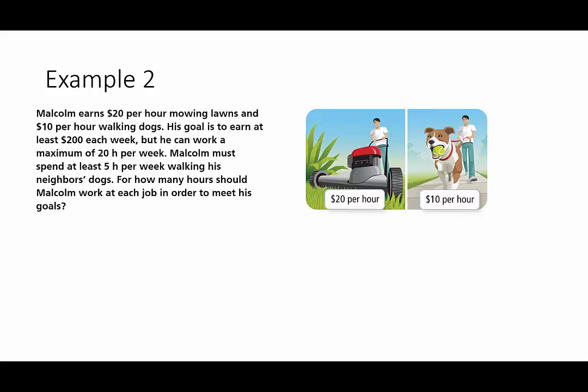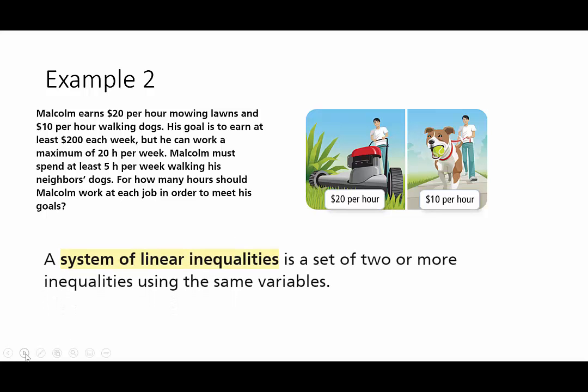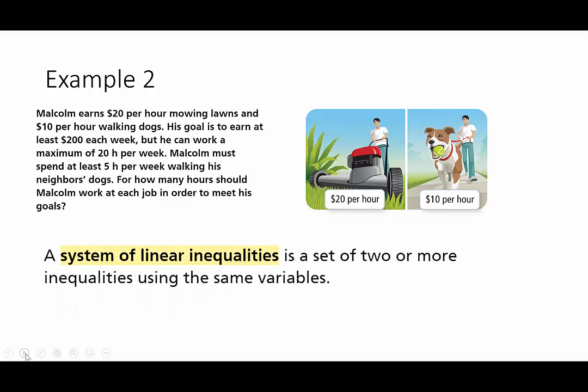So the first thing that we need to do is identify our variables. And by doing that, we are going to create a system of equations. Now, why it says inequalities here is because if you look in the verbiage, we see these words at least, a maximum.